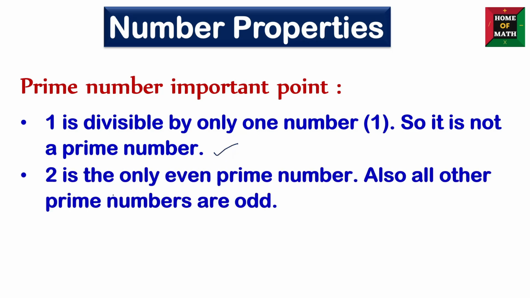Second point, 2 is the only even prime number, and all other prime numbers are odd. Suppose 4, 6, 8, everything else is a composite number, but 2 is the only even prime number.